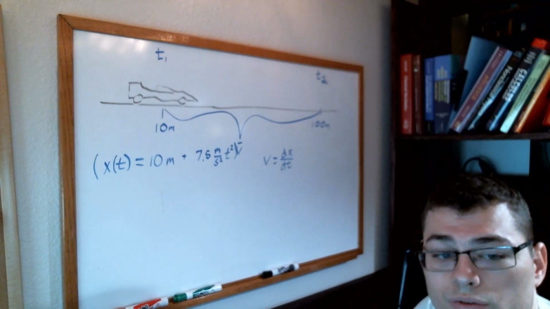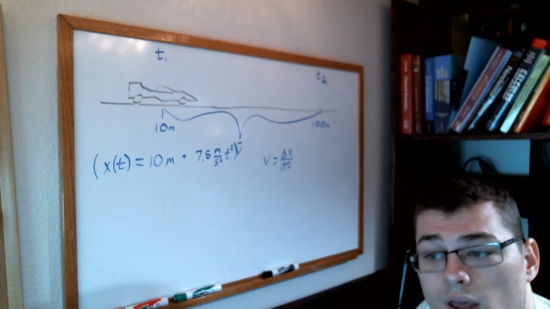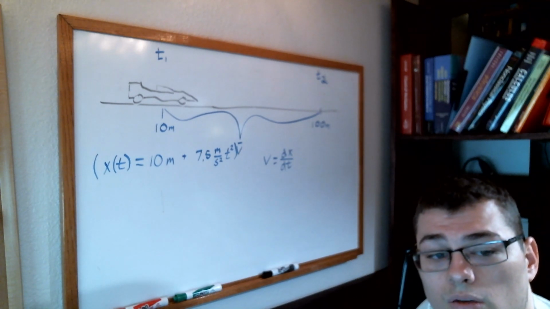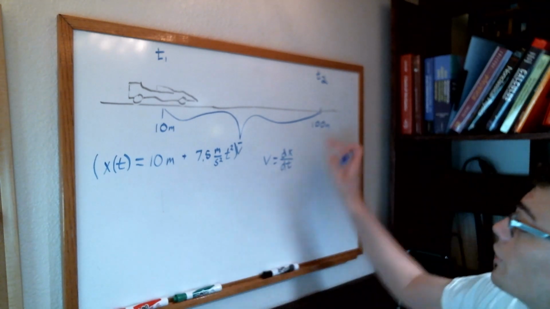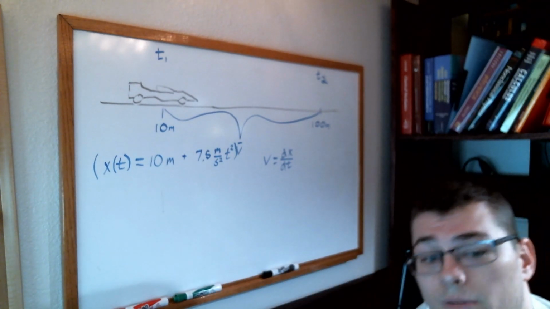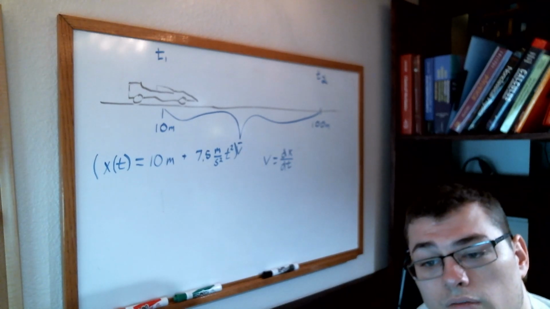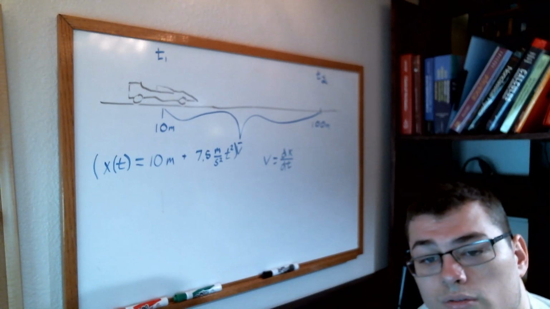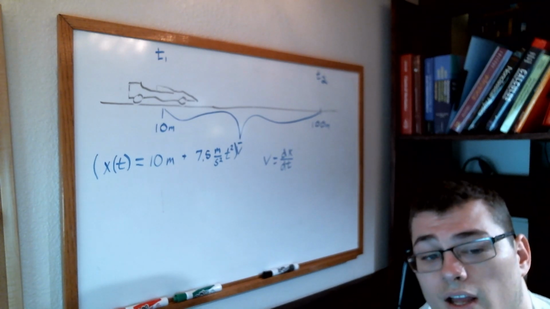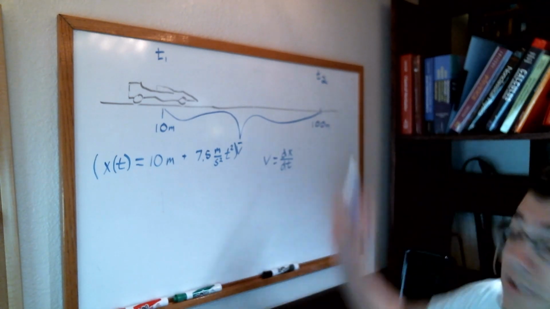So what we're going to do is we're going to find the instantaneous velocity function, and then we're going to plug in 100 meters into our function here, and then we're going to find how much time it takes for this dragster to, or we're going to find the velocity that it has, the instantaneous velocity at the second time.